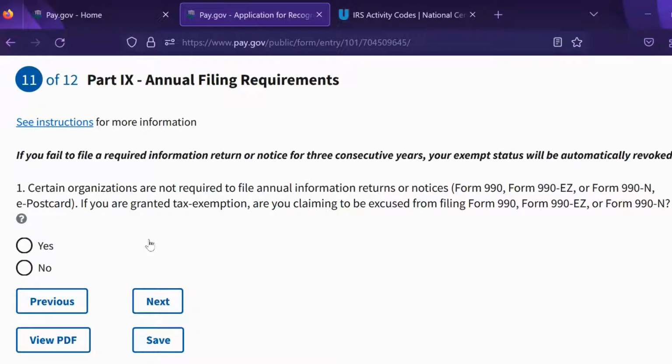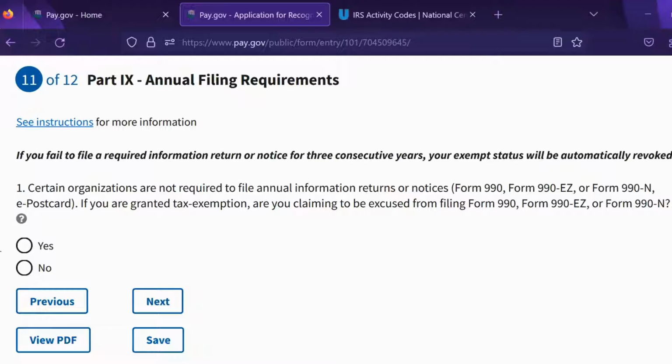And it says, annual filing requirements. Question 1, certain organizations are not required to file annual information returns or notices, which is the Form 990, 990-EZ, or the 990-N e-postcard. If you are granted tax exemption, you are claiming to be excused from filing Form 990, 990-EZ, or 990-N.